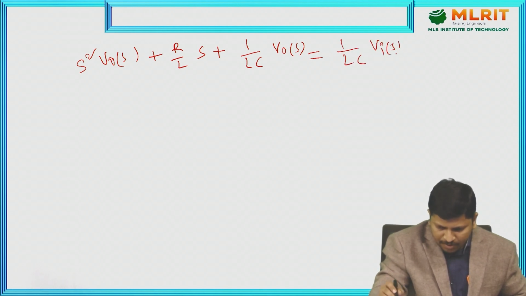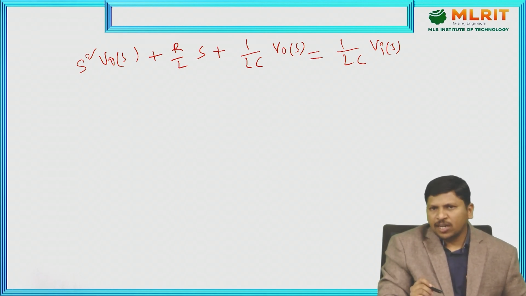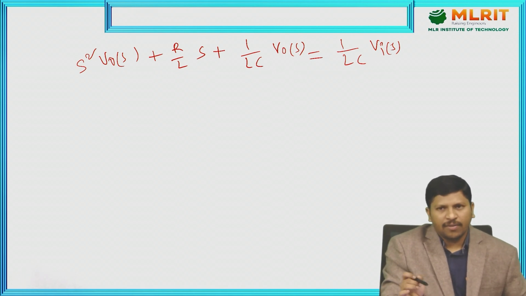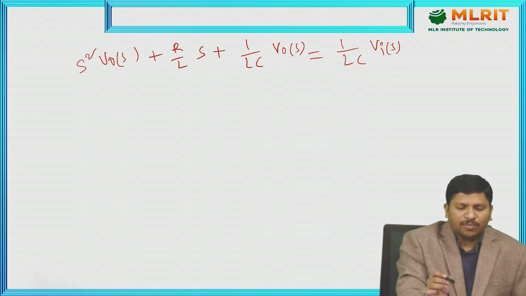What is the meaning of transfer function? The Laplace transform of output to the Laplace transform of input, right? So the ratio of Laplace transform of output to input. Here, what is the output for this electrical circuit? V naught. The input is Vi. So V naught of S is common from all this.